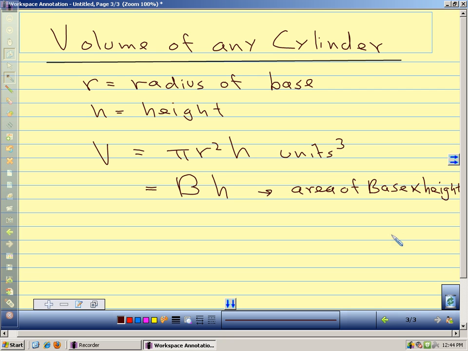So prisms and cylinders are kind of related. They're the same kind of shape. Just cylinders have curved sides, where prisms have polygons as sides. And cylinders are nice because we only need a couple of things to figure out their volume and their surface area. Any questions? All right, let's look at a couple of examples of using these formulas, and then we'll be done.